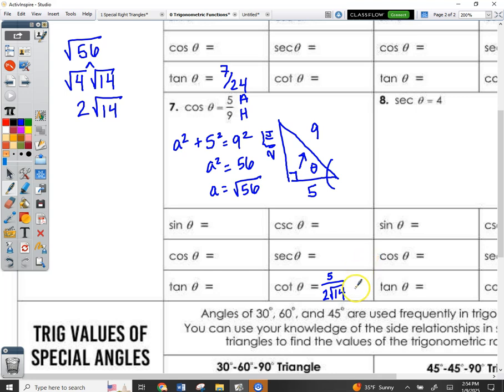I would need to multiply by root 14 over root 14 to clean this up. On top, it's just going to shove together. I got 5 root 14. On bottom, you'd end up with 2 times 14, which is 28. And that one would be done.